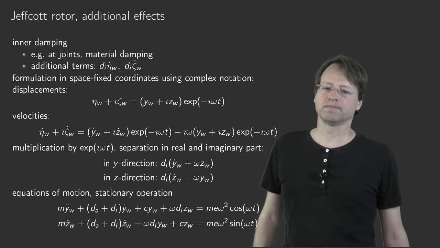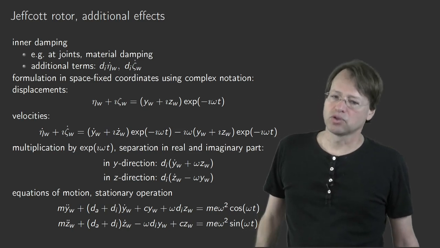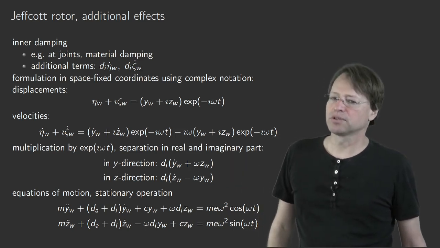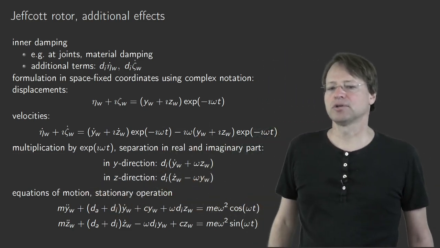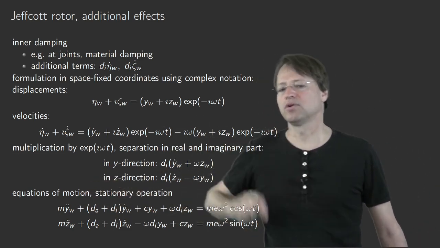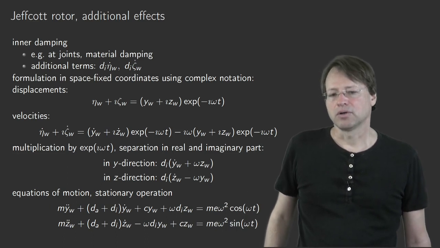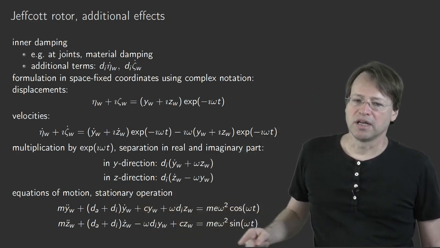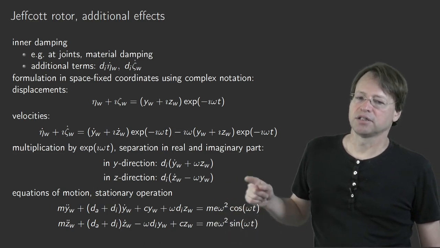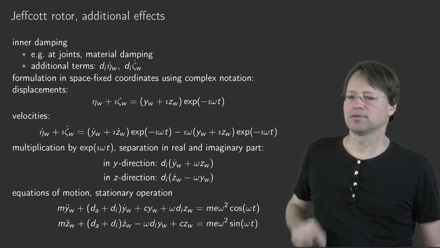classical Jeffcott rotor. That equation of motion for the stationary operation, of course, we have the inertia term transformed to the coordinates of point W. This leads to the excitation, the time-dependent imbalance excitation on the right-hand side.